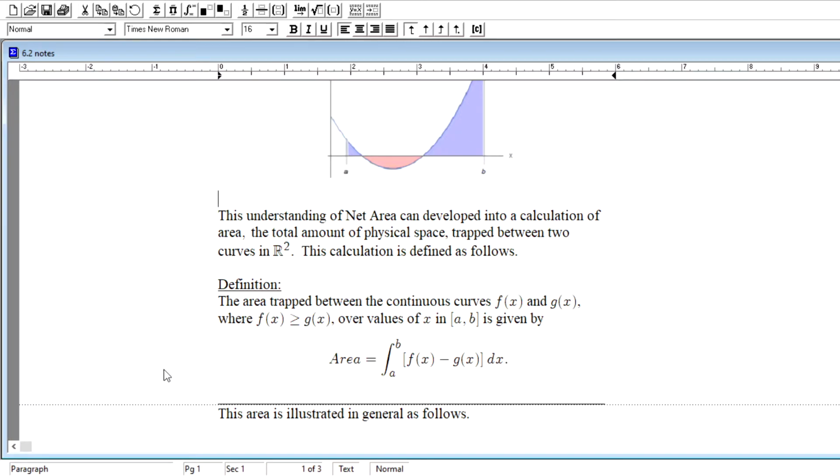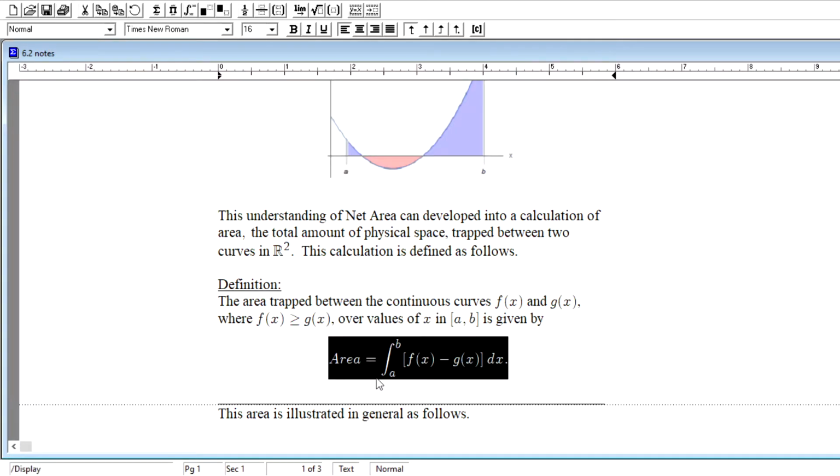By definition, the area trapped between the continuous curves f of x and g of x, where the output values of f of x, tracked along the vertical axis of space, are always bigger than or equal to the output values of g of x on that y-axis or vertical axis of space over values of x in this closed interval from a to b, is given by this integral calculation seen here.